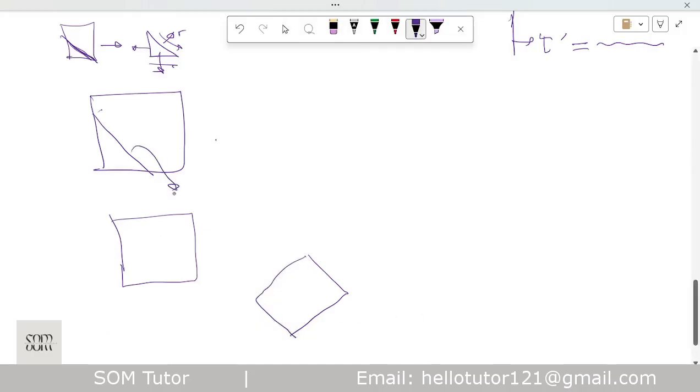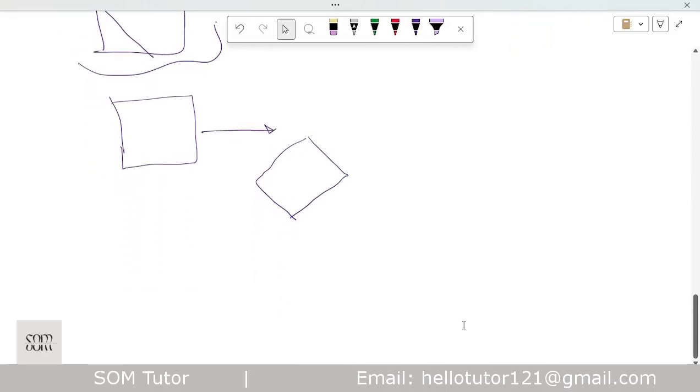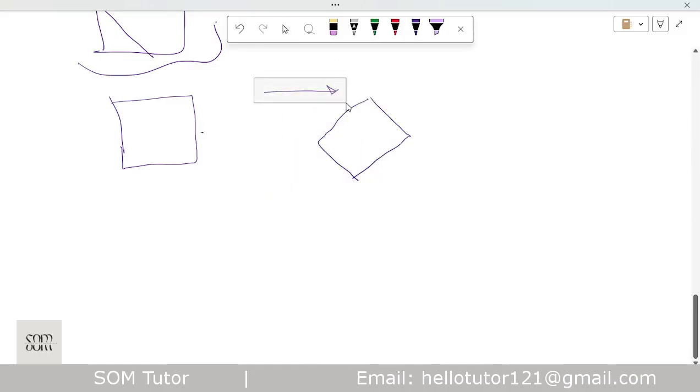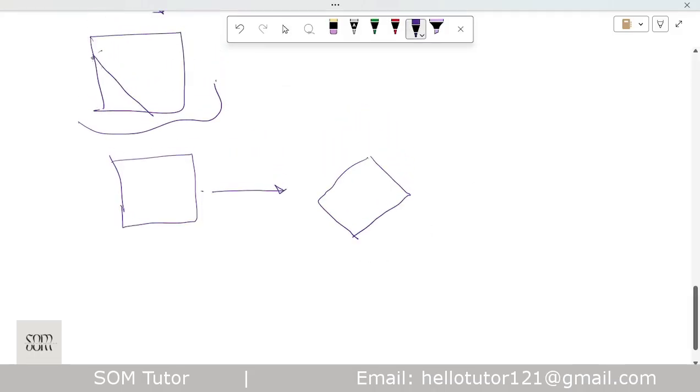First it was like this, then we rotated it like this, right? So this is what it means. The oblique plane basically means a rotation, right? Because we have it here.